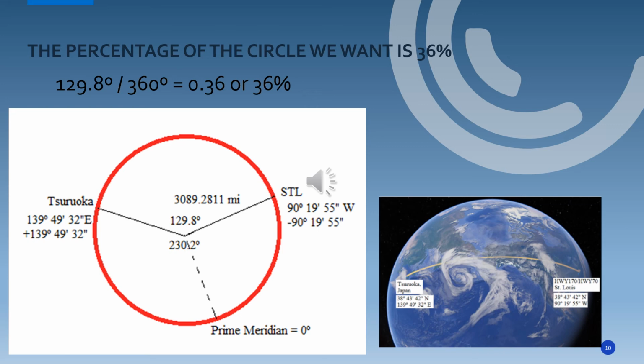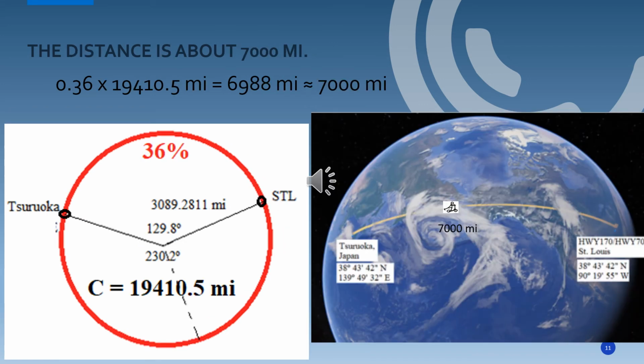So we want 36% of that circumference that we found earlier. So 36% of the full circumference of 19,410.5 miles gives us approximately 6,988 miles, which I guess we could probably round to about 7,000 miles.